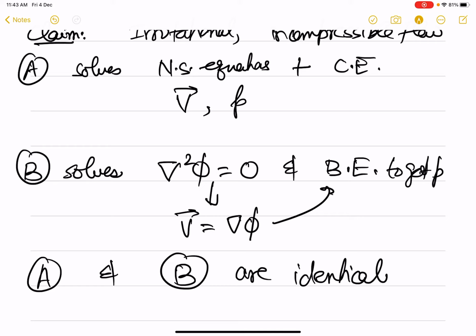We are solving the same set of equations and we will get this.